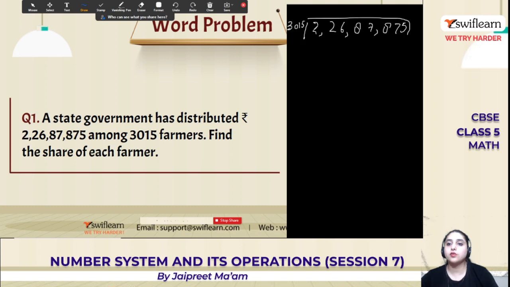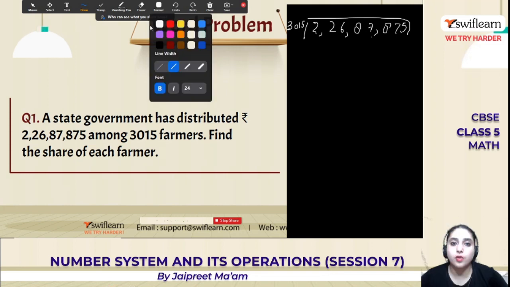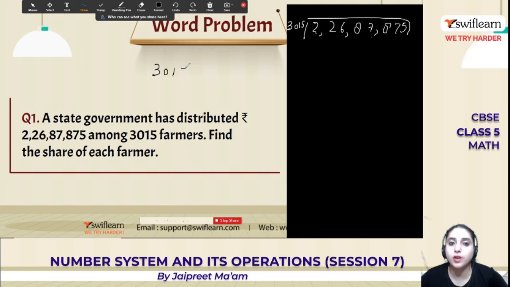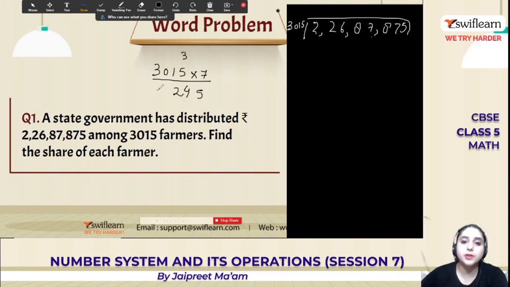First of all we have to check 4 digits. 4 digits are smaller, then we have to check 5 digits. So I will write here 3015. It will be close to 7 or 8. So let's multiply first by 7. 7 times 5 is 35, 3 will be carried forward, 21.